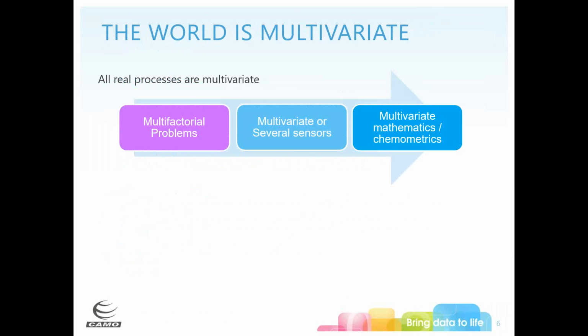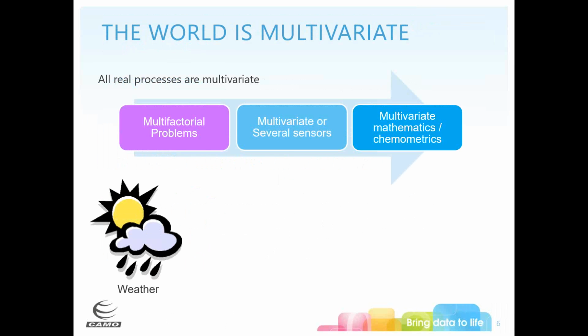So if we think about it, all real-world processes are multivariate. So if you think of something like the weather, there are a lot of factors that are affecting the weather or parts of the weather, like the wind, your air pressure, your temperature, your dew point, what season it is. If you just take a look at, say, your temperature, you don't get the full picture.